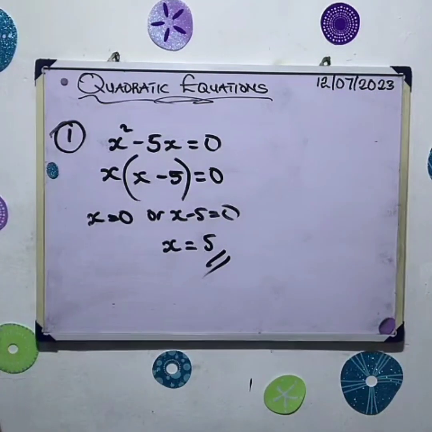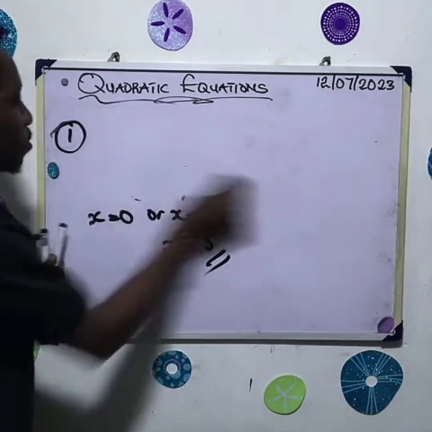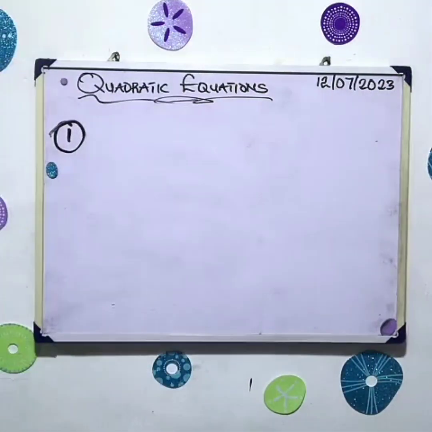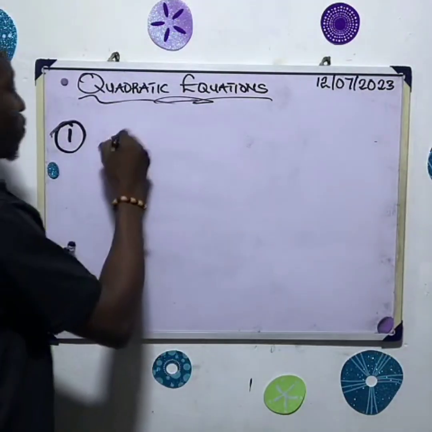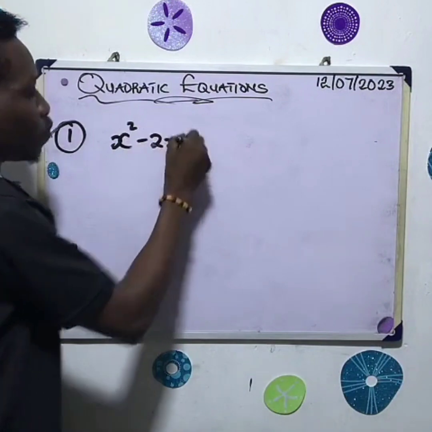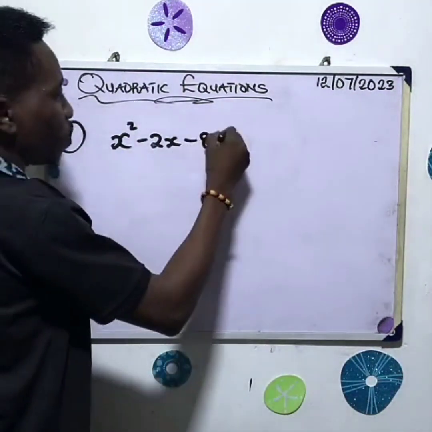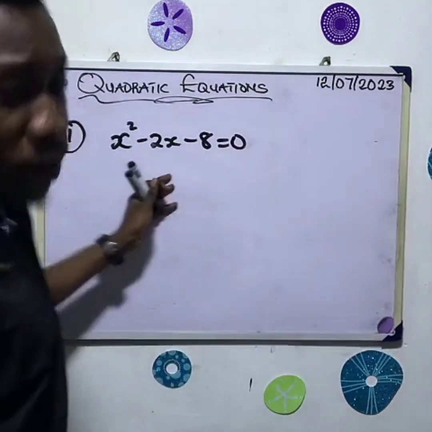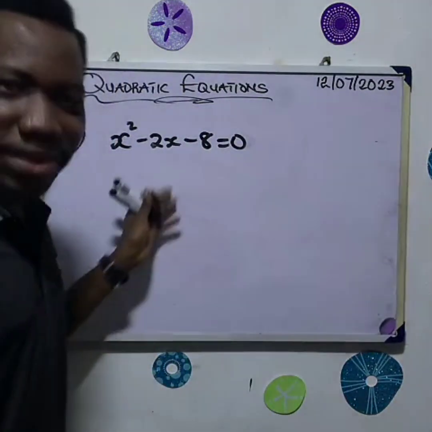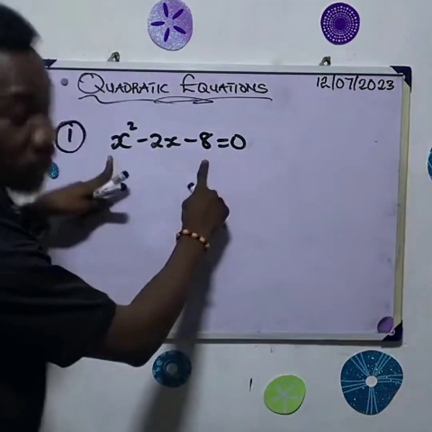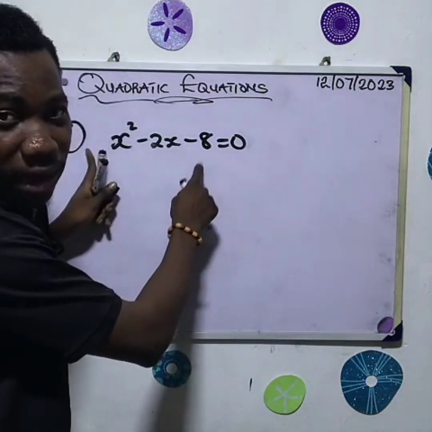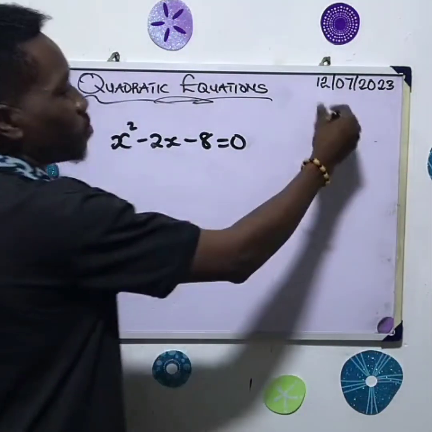Now the third one says x squared minus 2x minus 8 equals 0. Again, factorization. Multiply 1 by minus 8, to give you minus 8.